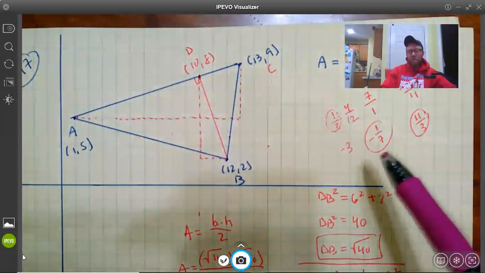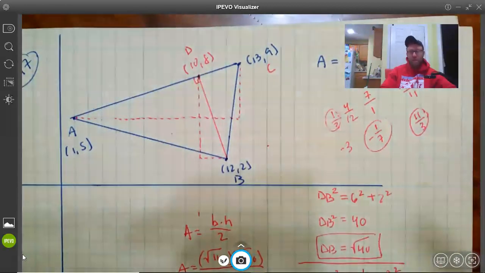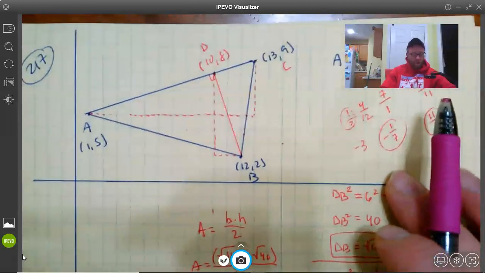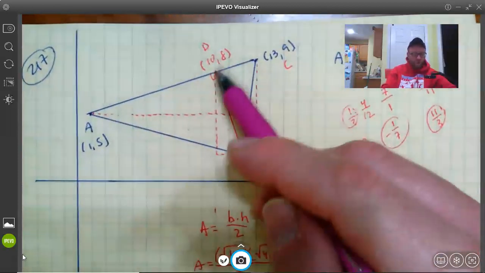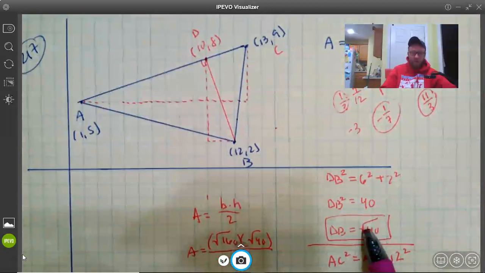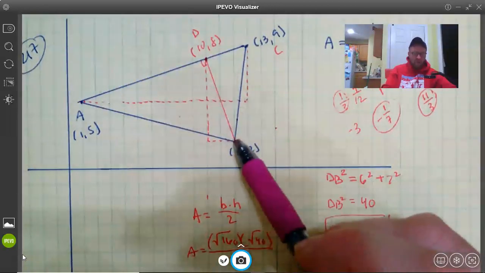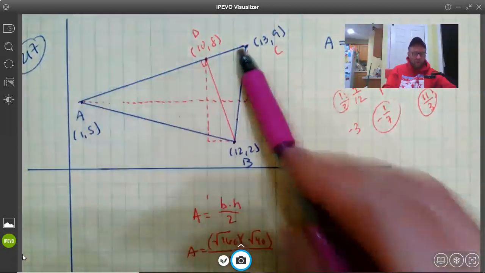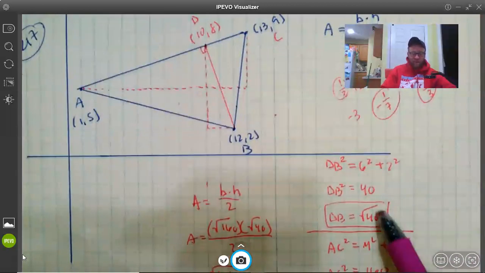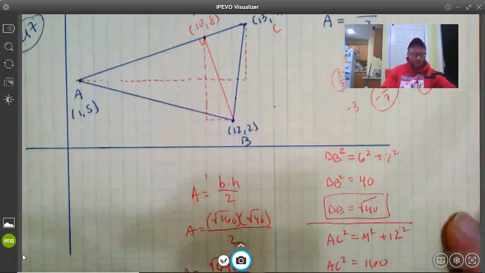Here, it just turned out to be nice and simple. I just count spaces and bam, I landed right there. All right. So then once I find that point of intersection, I had to find the height of the triangle, so the distance from the point B to where it intersects AC, that distance there. Just use Pythagorean theorem. Nice whole number coordinates made it fairly easy.